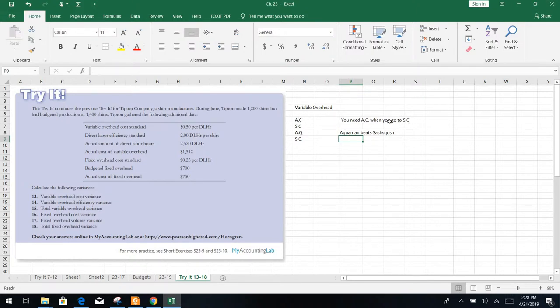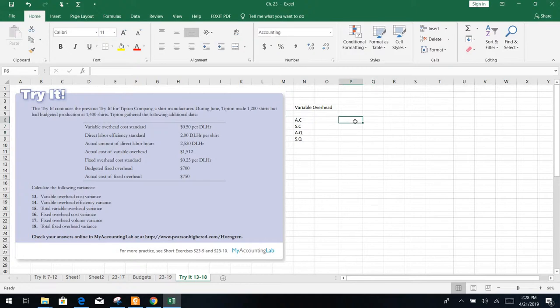AC minus SC times AQ, and then the second one goes AQ minus SQ times, and you go back up here and multiply times SC. If you remember in that sequence, then you won't have any problems with your algebraic formulas.